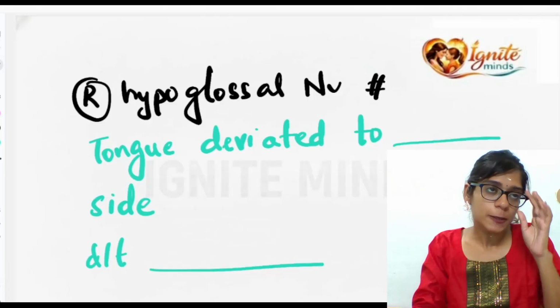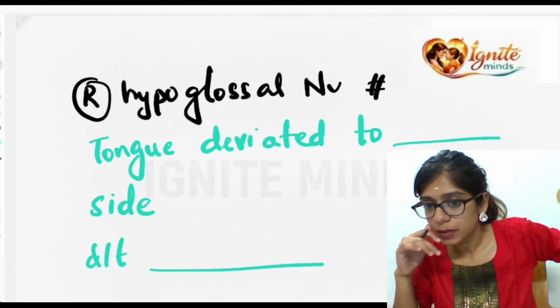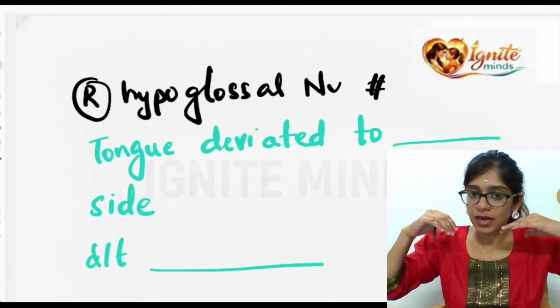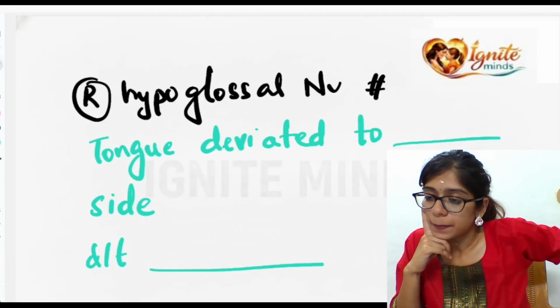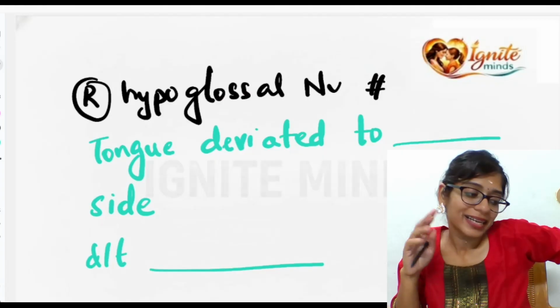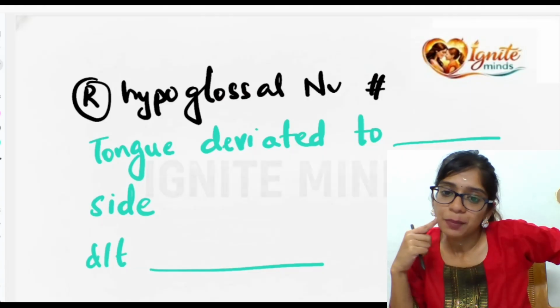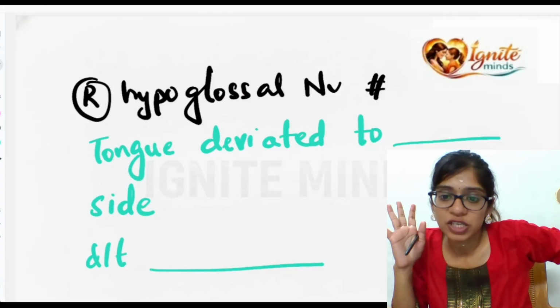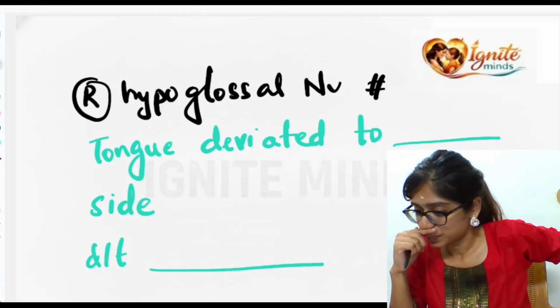Accidentally, if the surgeon injures the hypoglossal nerve, we have two hypoglossal nerves, right side and left side. Let us say the surgeon was removing the right submandibular gland. By mistake, the right hypoglossal nerve got damaged. What happens? Why are you worried?